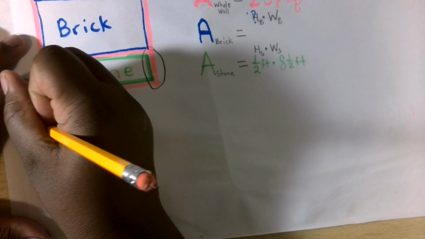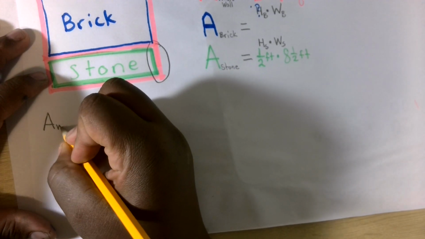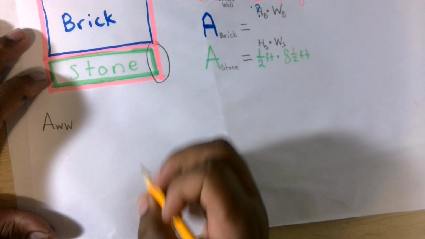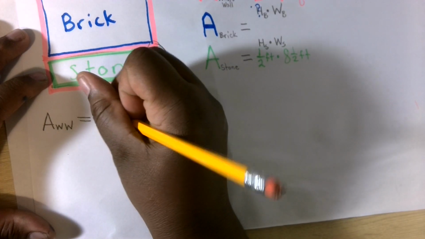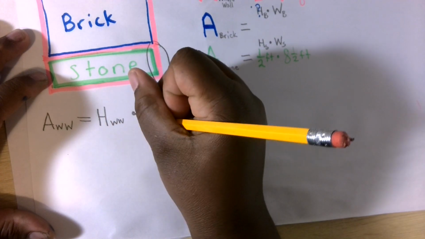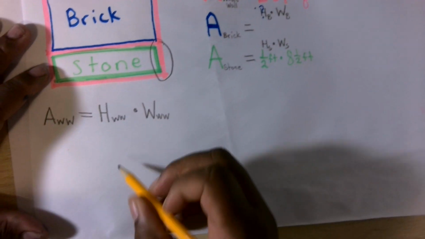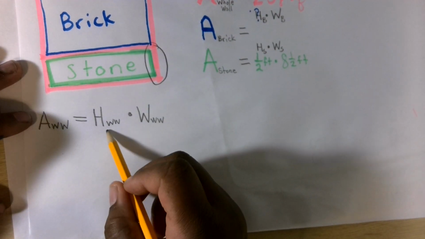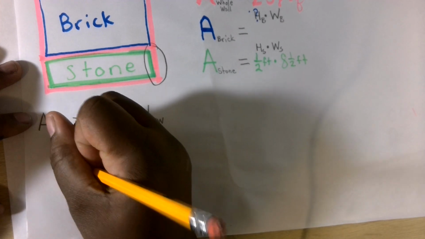I'm going to come down here and do a calculation. The area of the whole wall, WW for whole wall, is calculated by the height of the whole wall times the width of the whole wall. So experience has taught me that I can find the height of the whole wall.